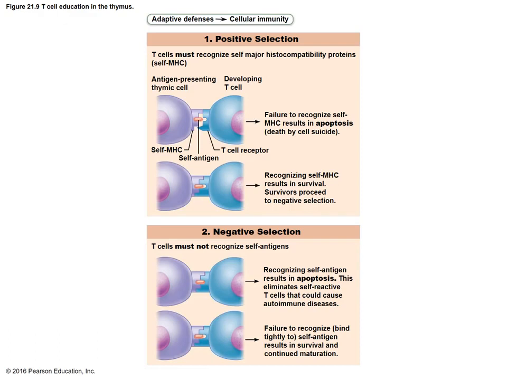In the thymus, when you're looking at the T cells, positive selection versus negative selection, the T cells must be able to recognize that major histocompatibility complex that you have, the self one. So if they're able to recognize it, then those cells are going to survive, and the survivors proceed on to what we call negative selection.